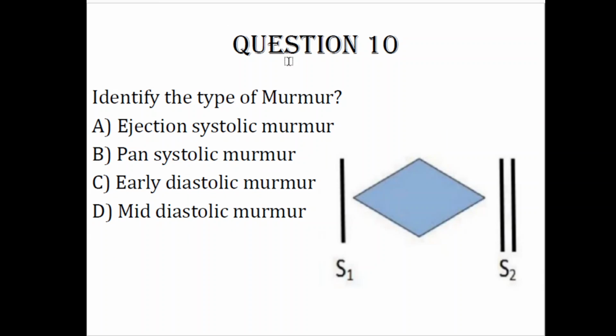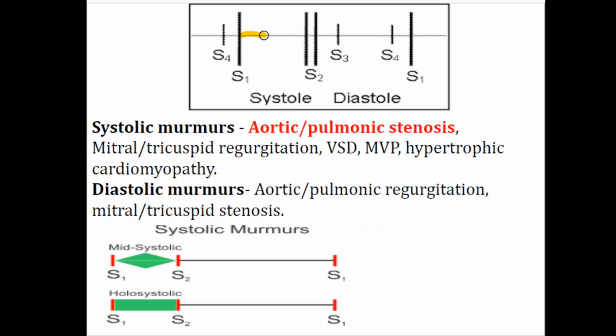Question number 10. Identify the type of murmur. This would have been very simple if you would have just known one thing. Between S1 and S2 is systole and between S2 and S1 is diastole. Fine.